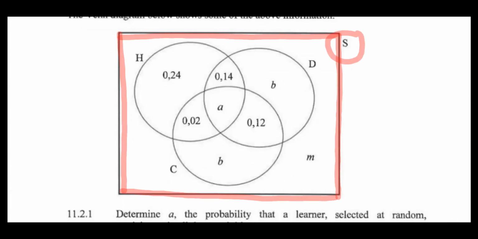That's why there's an S next to it. The sample space is the number of people that you surveyed, which in our case is 150. That's how many people were surveyed. This is 100% of the people.